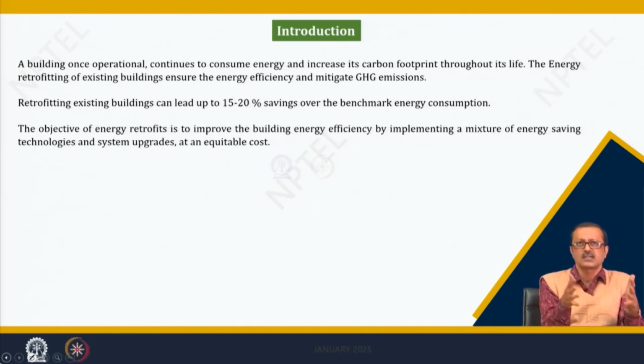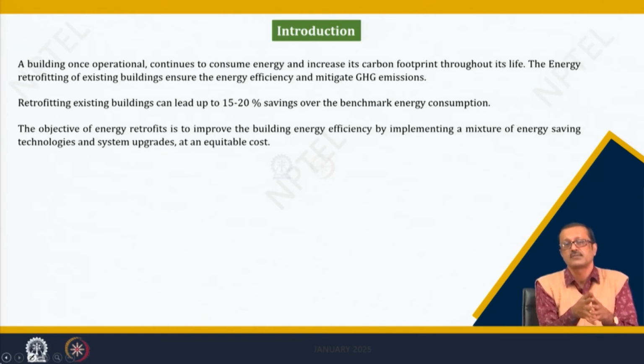Those are the general requirements of repair and refurbishment. Energy retrofit can also be done from the point of view of gaining strength, but we are not going to discuss that one. Our discussion will be from the energy savings point of view.